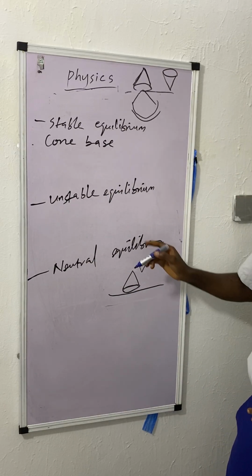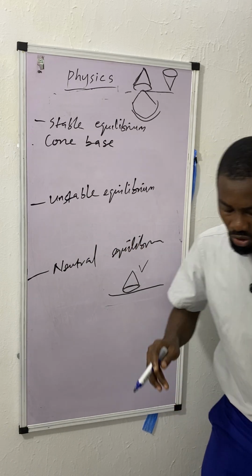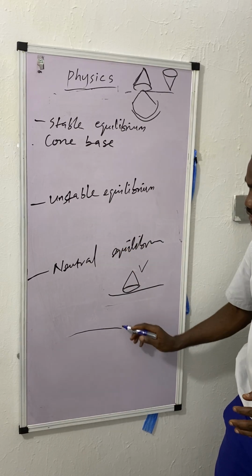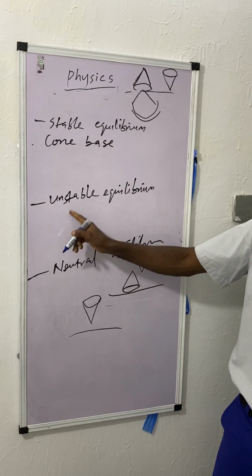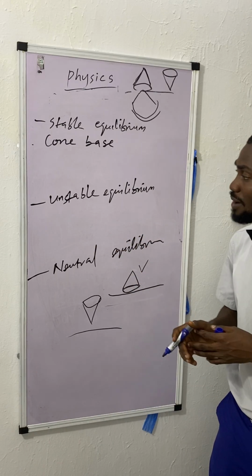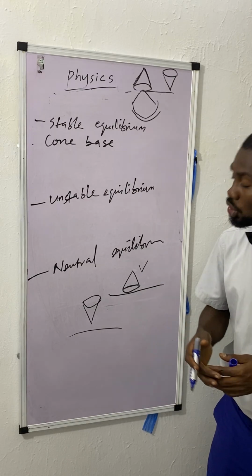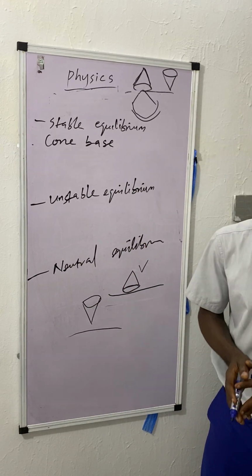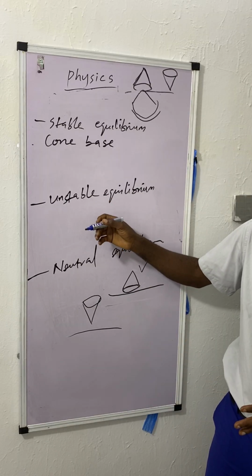So for unstable equilibrium, here we are now going to see the tip of a cone. We put the tip of a cone like this, we invert it and put it in a level place. The unstable equilibrium is a kind of equilibrium whereby when an object is disturbed slightly, it topples over. It doesn't return to its original position. It changes a little bit from the normal position that it was in.